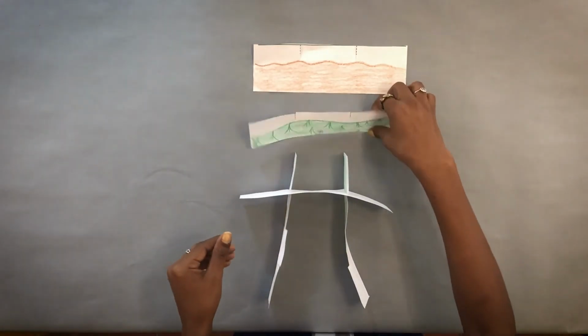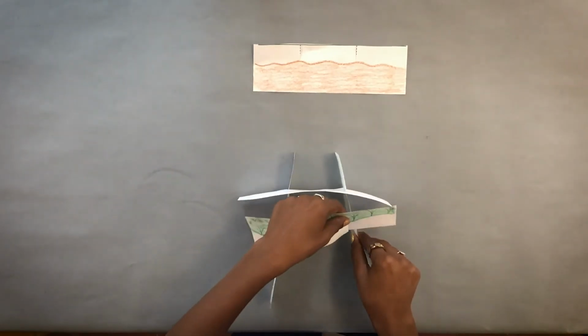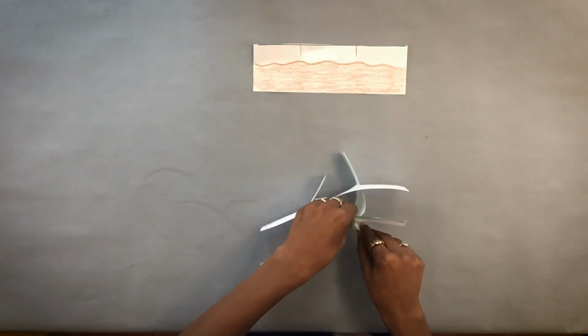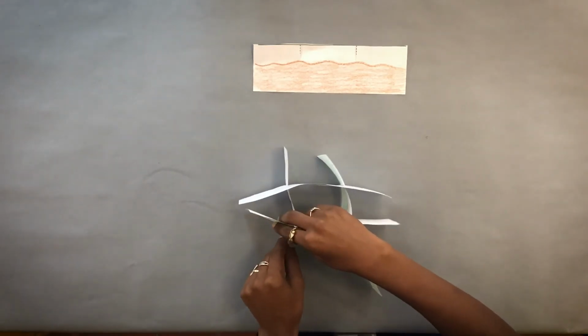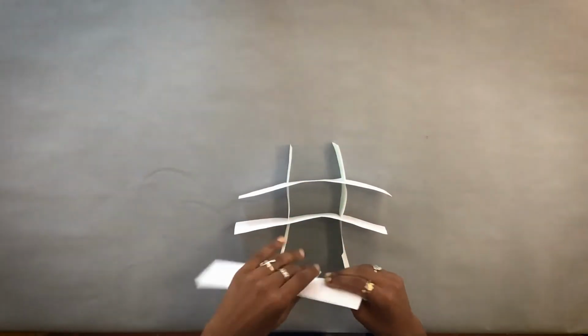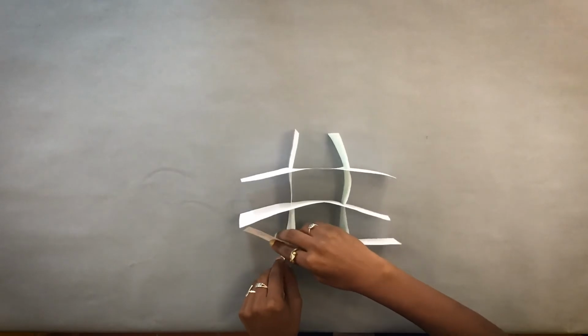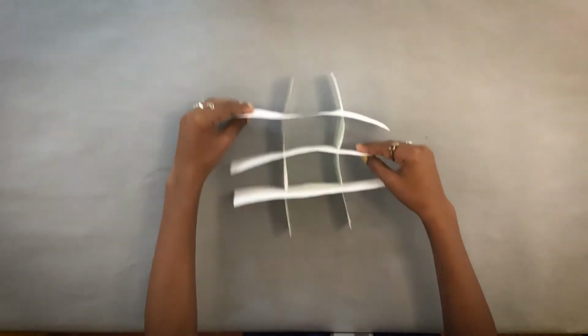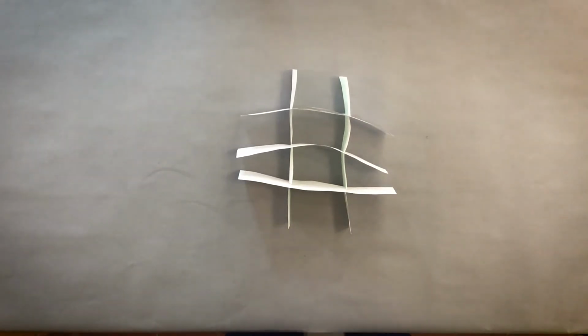And then I will go ahead and add in the last 2 strips with 2 slits. And so now you have your template for your base for the pop-up.